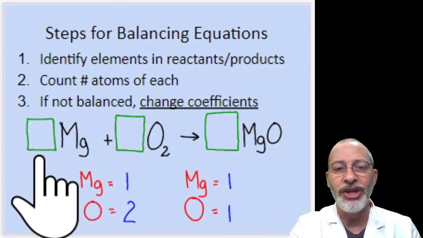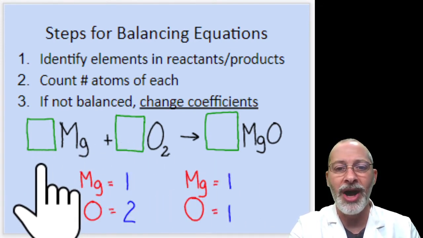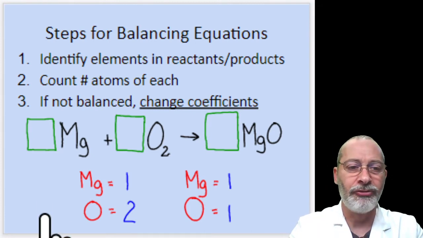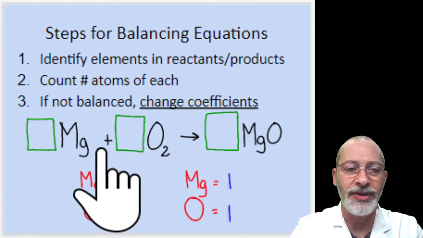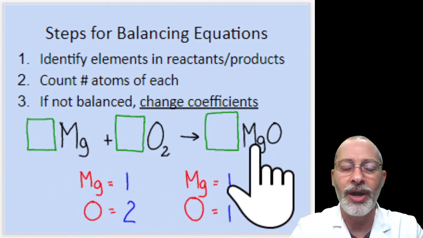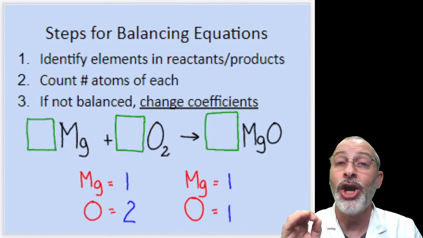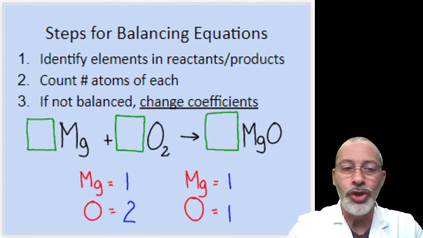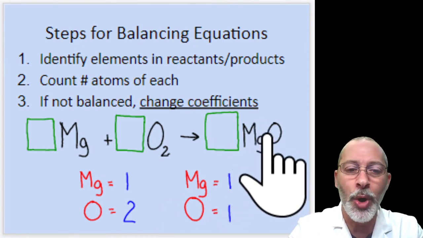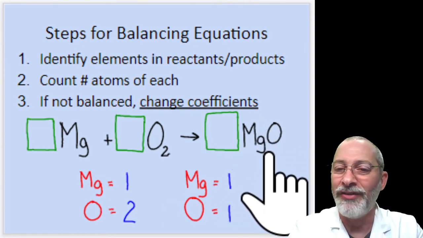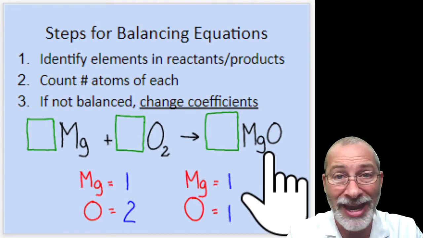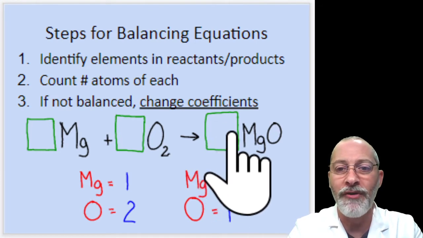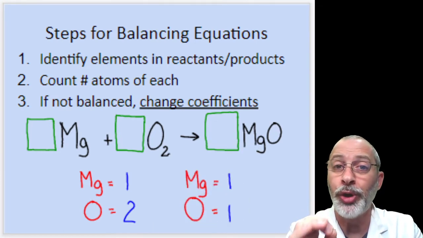Well, I've changed them into green boxes for a reason, because these boxes in front of each pure substance, whether it's an element or a compound, are the only place where you can put a coefficient. You cannot put a coefficient in the middle of a chemical formula for a compound. You can't split up the compound that way. You can only put coefficients in front of pure substances.